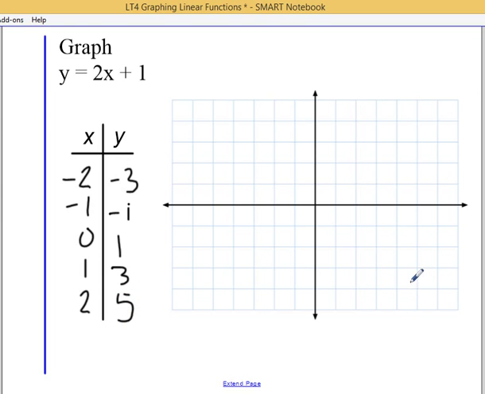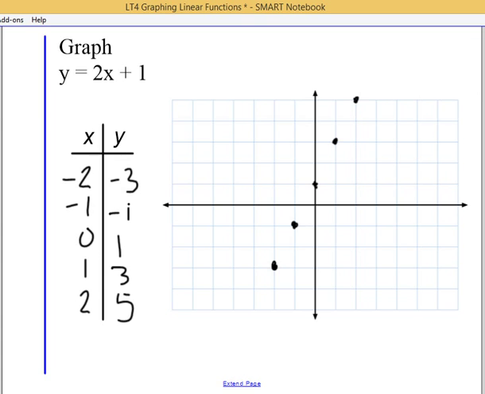Let's plot each of those points. -2, -3, -1, -1, 0, 1, 1, 3, and 2, 5.